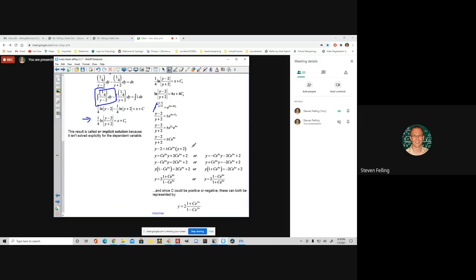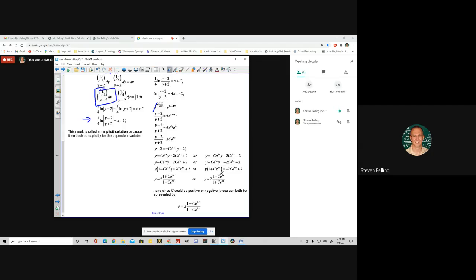And then that means that if you multiply both sides here, you'd get y minus 2 is plus or minus this constant times e to the 4x times y plus 2. And if you carefully multiply this out and gather all the y terms on the left-hand side, you'll get, because there's a plus or minus here, y equals 2 times 1 plus c e to the 4x over 1 minus c e to the 4x, or these two signs are reversed, right?